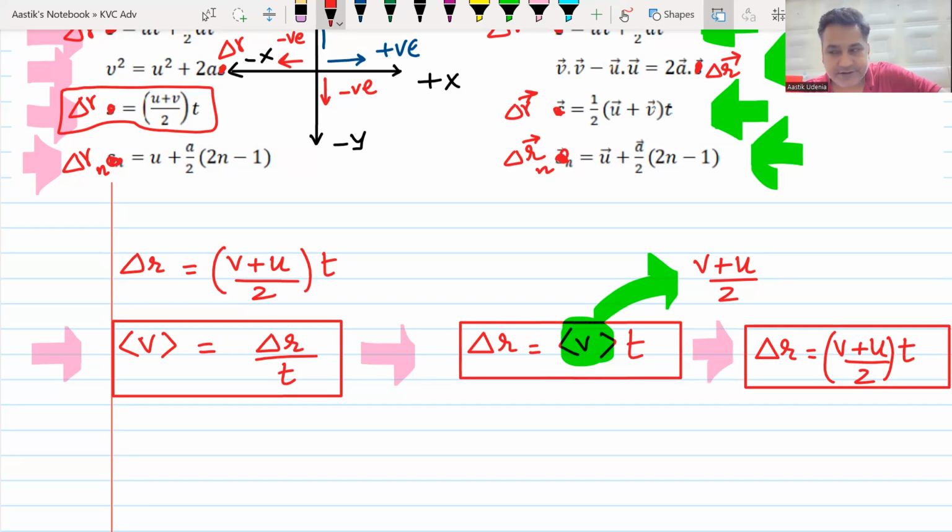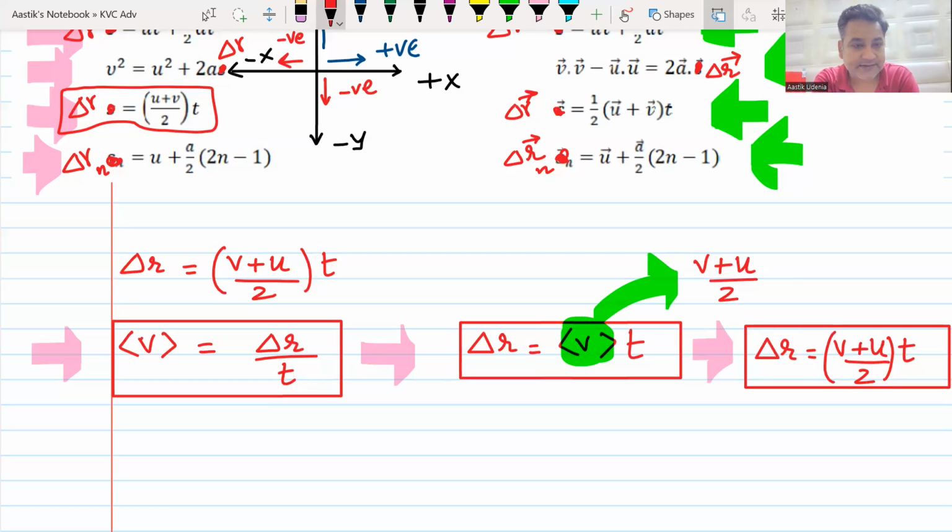For example, in motion under gravity, it gives us very nice, very quick answers. Anyways, you must be accustomed with all the equations that are there. Once you know all these equations, you should be able to attempt any question that can come.